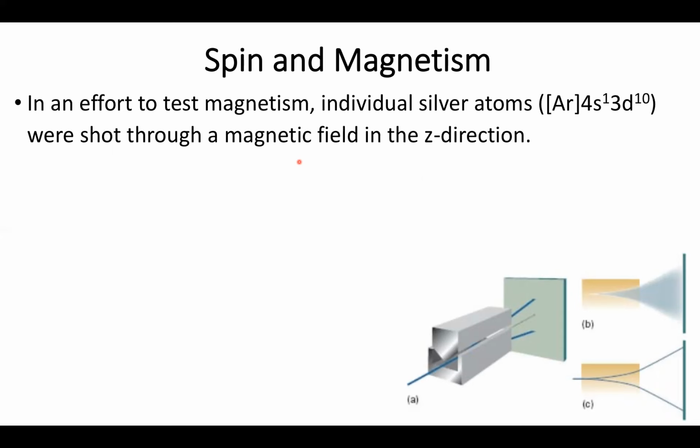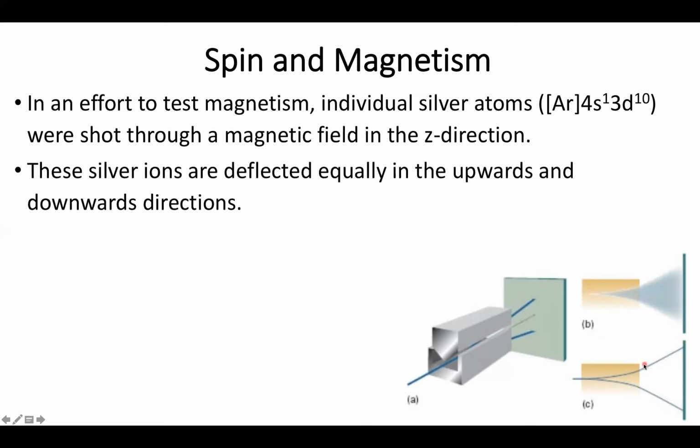When they shot the silver atoms through the field, not a single atom ended up straight on from the emitter. Not a single one. And we would expect a nice even distribution of silver atoms all around the screen. Instead, they ended up in 2 discrete locations. One up, one down, equal amounts up as down.